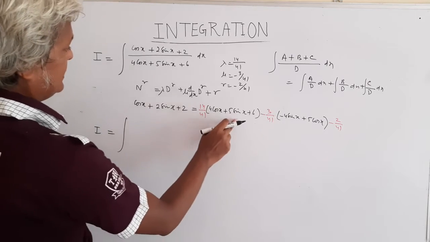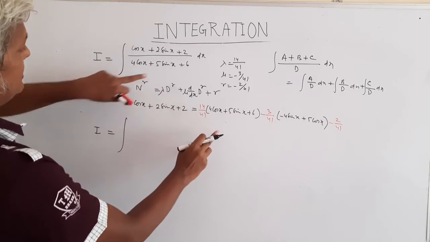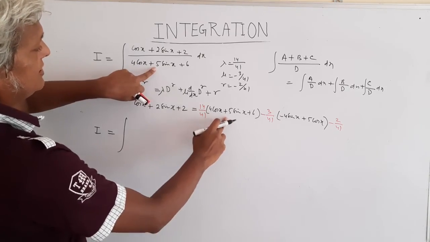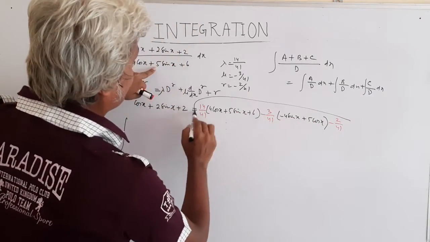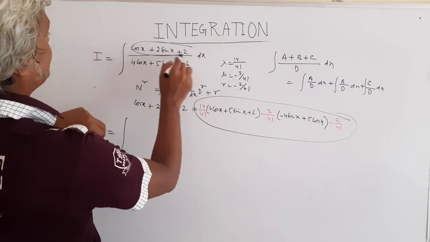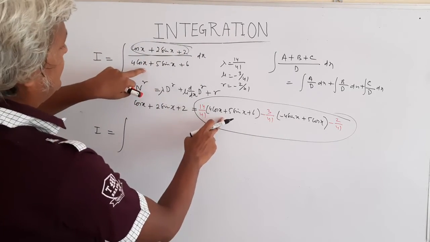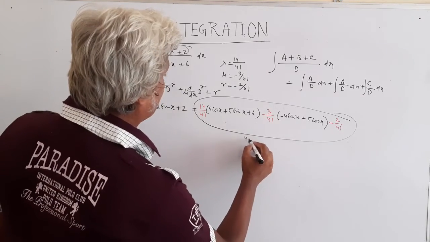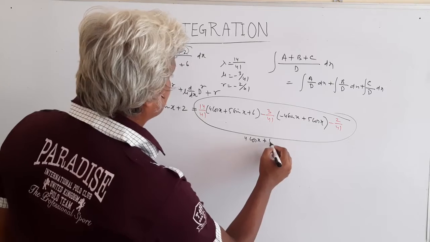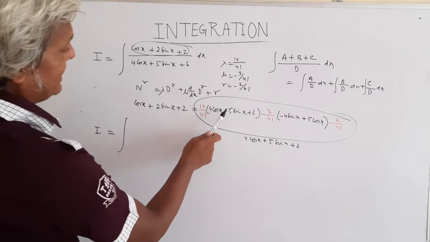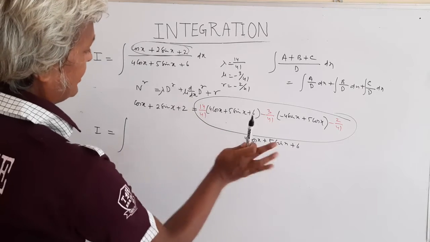So this becomes this upon this, and you see these two are the same thing, because this is the numerator right now. At this place we will be writing this term, and for the sake of understanding I write here 4 cos x plus 5 sin x plus 6. When I write this upon this, these two cancel, you get only 1.